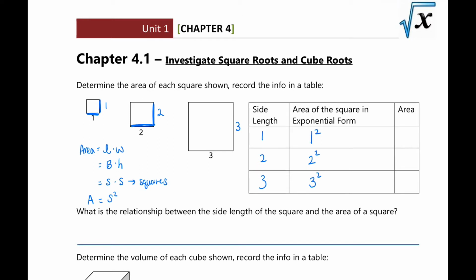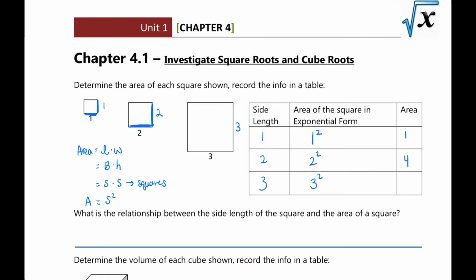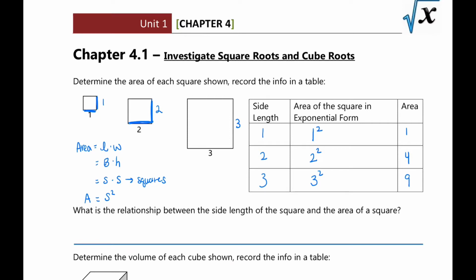We can conclude that the area is 1, 4, and the third row is 9. So what is the relationship between the side length of a square and the area of a square? It just means that the side lengths are squared.